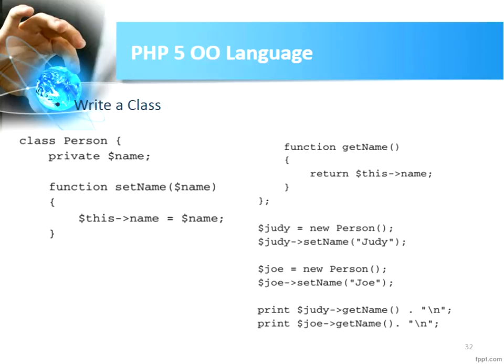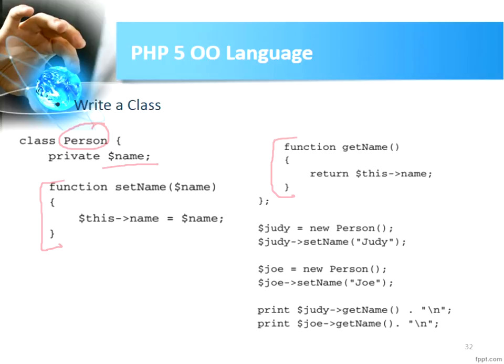Okay, so also PHP 5 is an object-oriented language, so I can create a class in PHP 5, and in this class I can also add some functions. For example, here my class is person. This is my class.